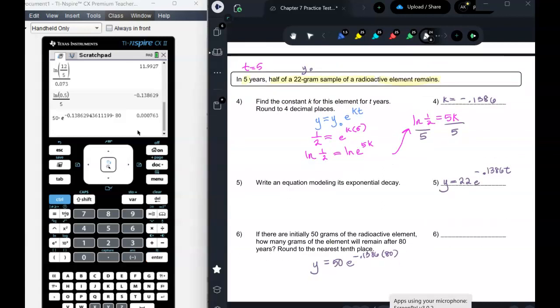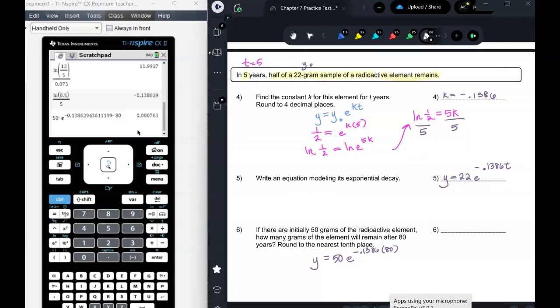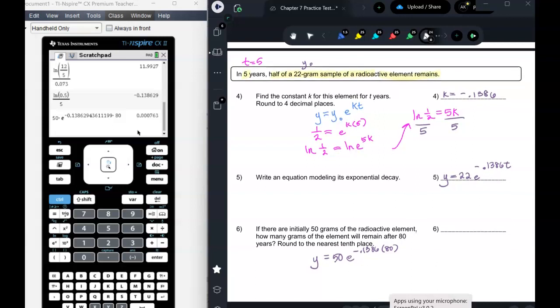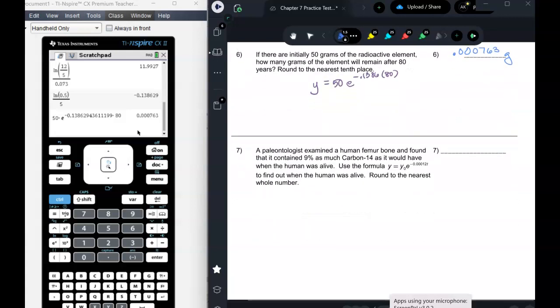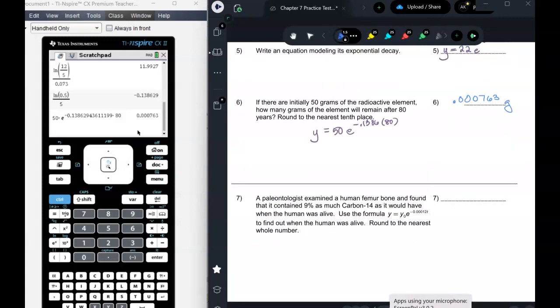It took 5 years to become half of what it was. So think about after 80 years. It should be pretty small. So let's see. Whoa, this radioactive element is pretty radioactive. So 0.000763 grams. Yes.